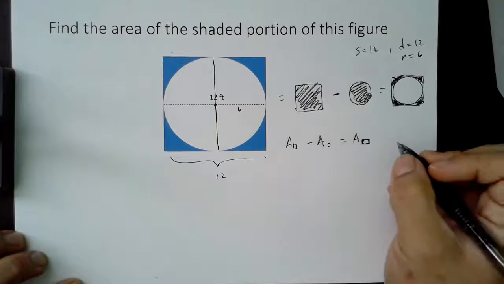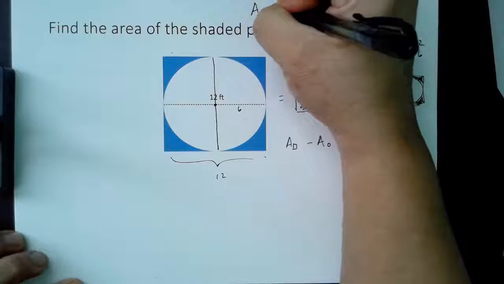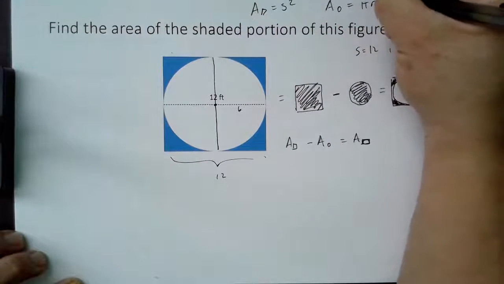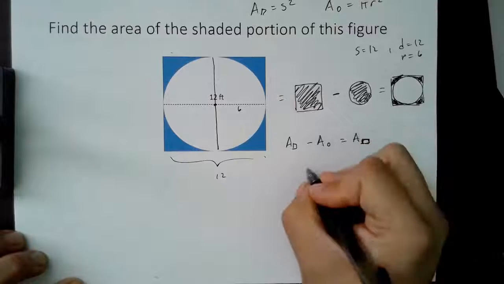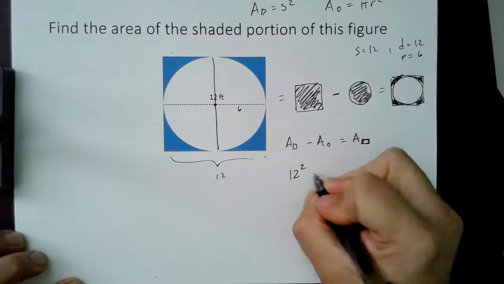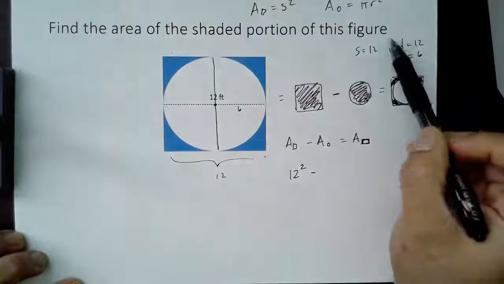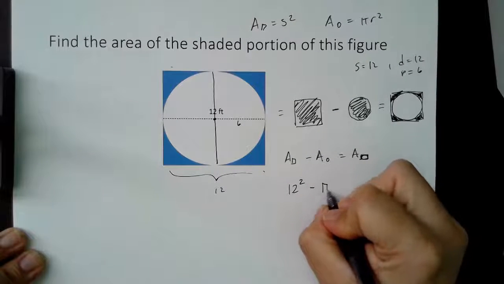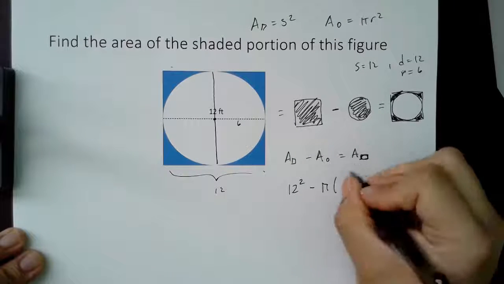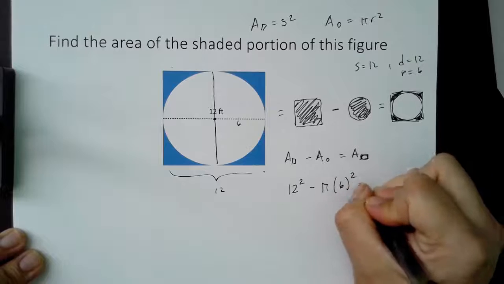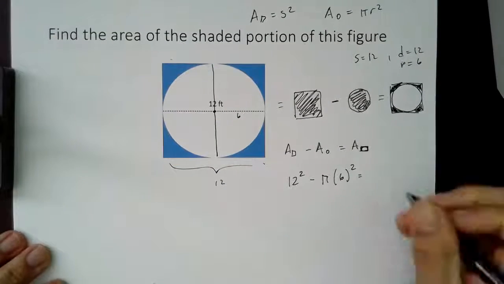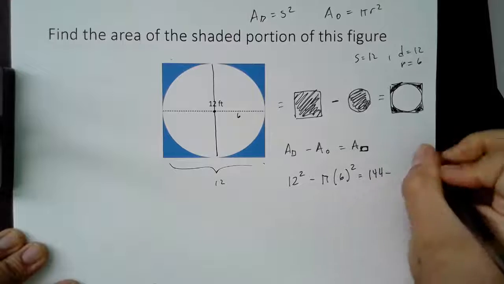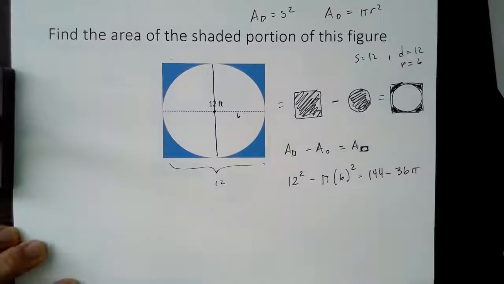Okay, so the diameter is 12, which implies that the radius, since it's half that, is 6. Okay, so what's the area of a square? Remember that that's side squared, and the area of a circle, the formula is pi r squared. Okie dokie. So side squared is going to be 12 squared minus, and then the area of the circle is pi r squared, so that's going to be pi times the radius is 6 squared. Okay, and that's exactly what we want to figure out. So that's going to be 144 minus 6 times 6 is 36, so minus 36 pi.